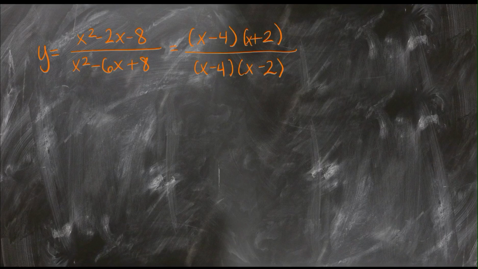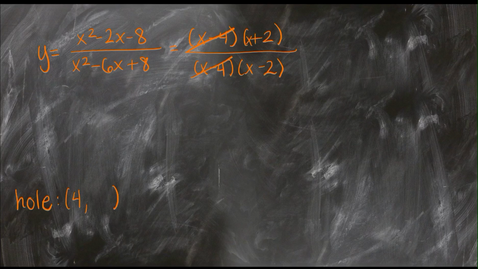Now, when we were trying to find the x-intercepts, we said, where does the top equal 0? But there's an important thing we have to notice here first. The top equals 0 at x minus 4, but so does the bottom. So this is going to cross out. This actually tells us a hole, if you remember from earlier. We're going to have a hole at 4 something, and we'd have to plug that 4 back in to find out what that something is.